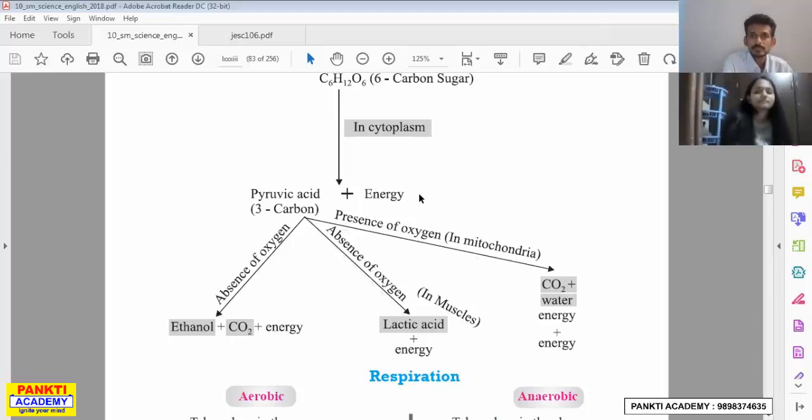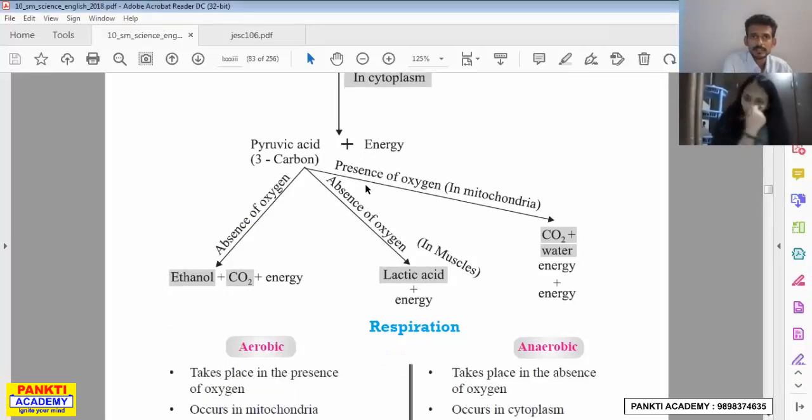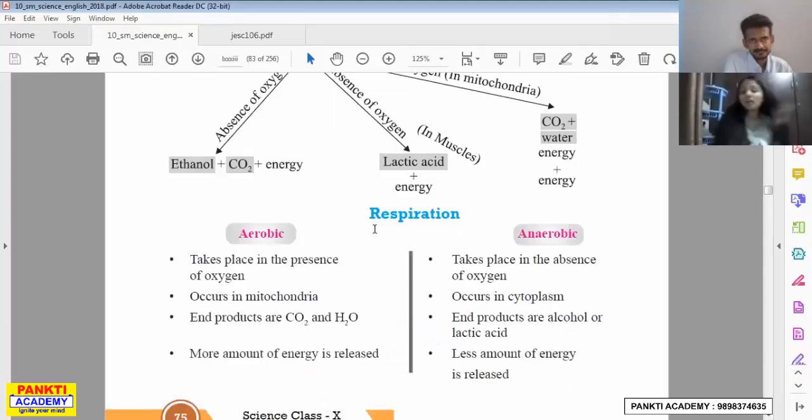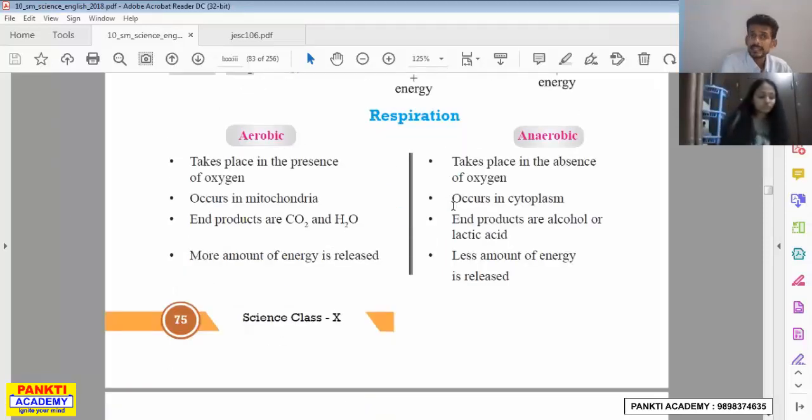Now the difference between aerobic and anaerobic. Aerobic respiration takes place only in the presence of oxygen. The opposite of presence is absence, so anaerobic takes place in the absence of oxygen.